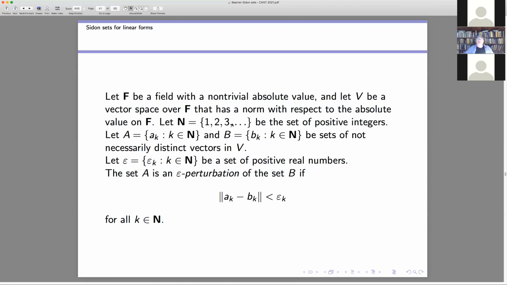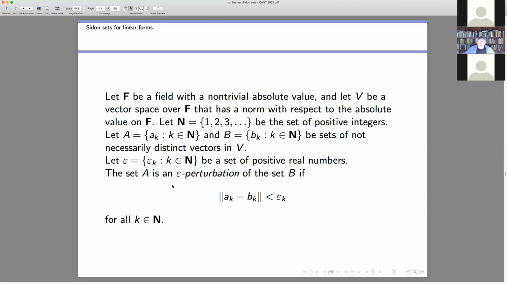N is the set of positive integers, and you take two sequences of vectors, a sequence a_k and a sequence b_k. They don't have to be distinct. And you let epsilon_k be an infinite sequence of positive real numbers. We say that the sequence a is an epsilon perturbation of the sequence b if, since these are vectors, the norm of the difference between the corresponding vectors in the two sequences is small.